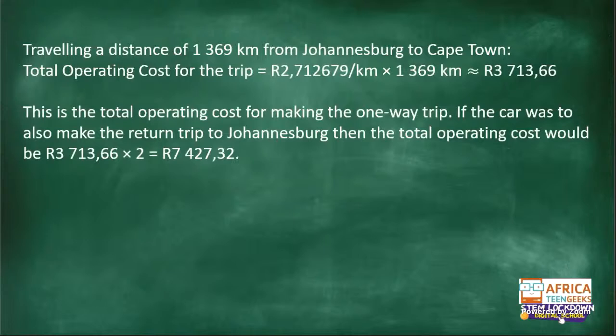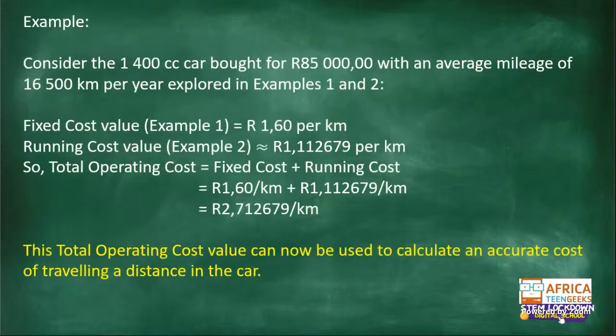So just to recap, we have spoken about the importance of calculating the running cost of your car per kilometer. Everything here must be calculated per kilometer. But at the same time, we have also looked at the total operating cost, which includes the fixed cost as well as the running cost.